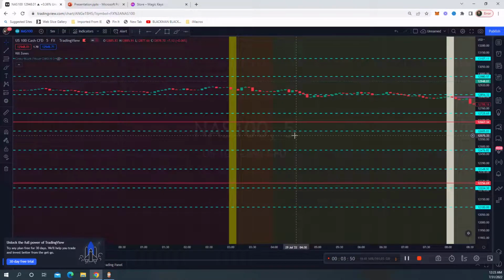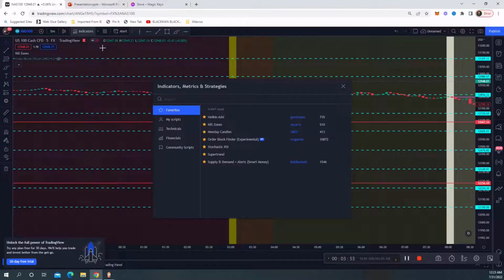All right, how do you get this indicator? Well, you want to go up to indicators, and I've shown this before. You want to type in kill zone, and you want the kill zone that's set up by this person here, Oscar VS. That's the kill zone you want. Go ahead and save it.